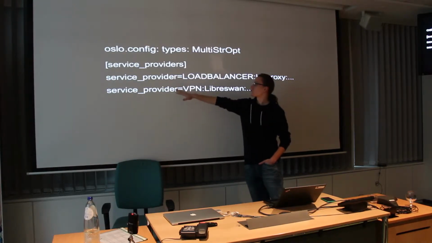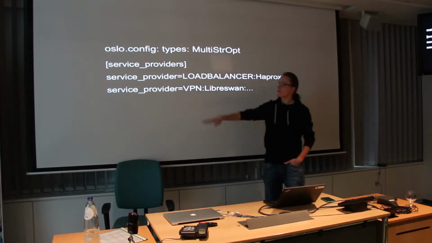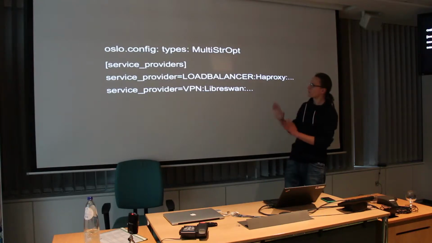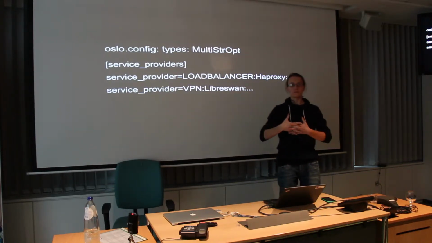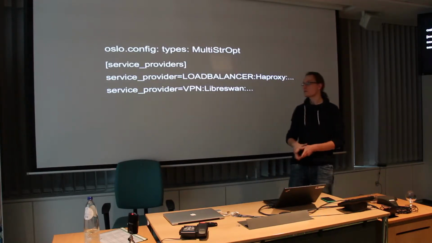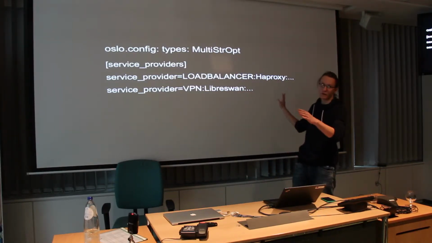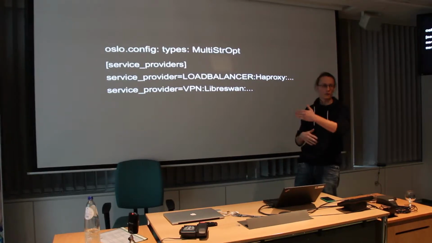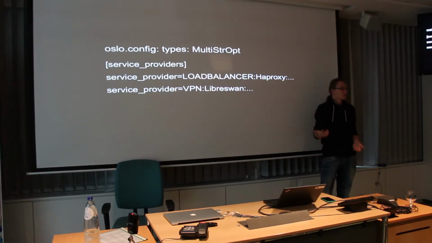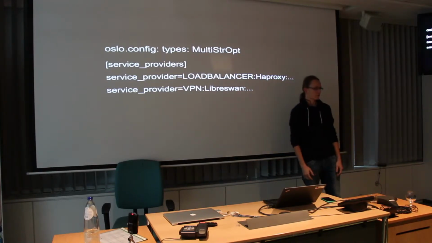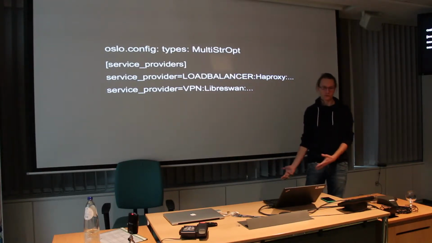Like here, you have two service provider entries, and it will still be parsed properly, and they will be joined in a list of values. And you can locate those values in different files, and they will still be joined instead of confusing users. Yeah, but that's what we have, and we cannot override that in one go. There should be a plan to somehow move into some other type.